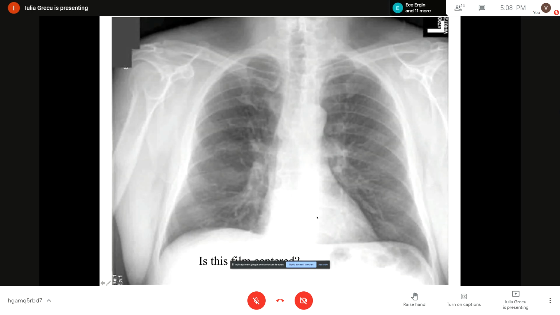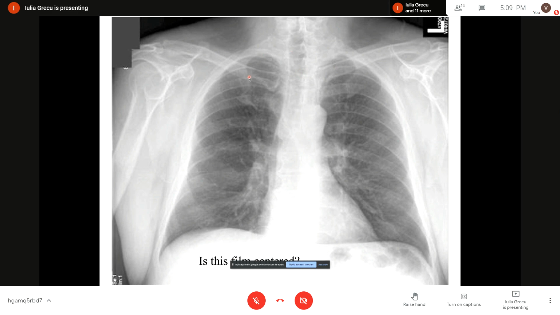So first of all, is this film centered? What do we have to study in order to determine this? It's very easy. I hope you can see. I will use a laser pointer, maybe it's clearer.